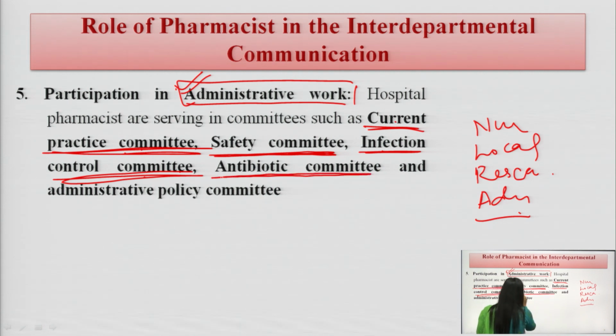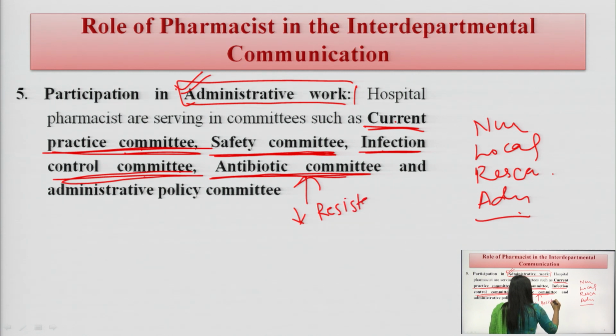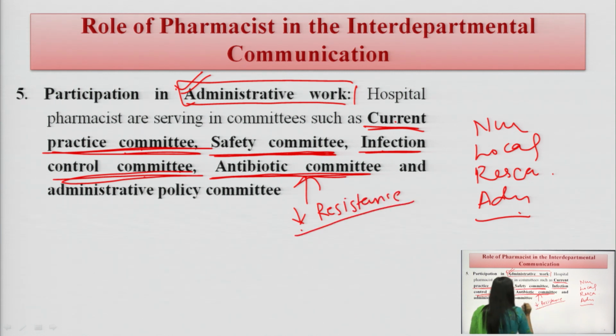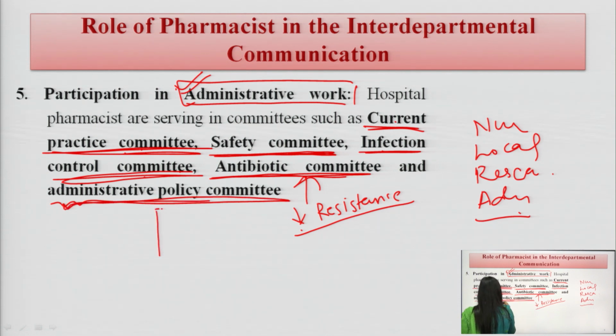Then there is the antibiotic committee. This is a very important committee. What pharmacists are doing, the main goal is to reduce the resistance. And the administrative policy committee. So to make the protocols and guidelines, they are working.